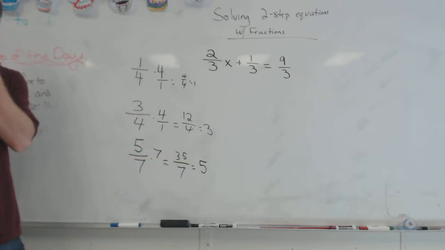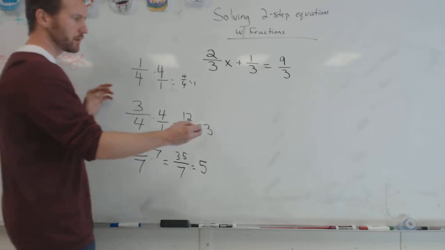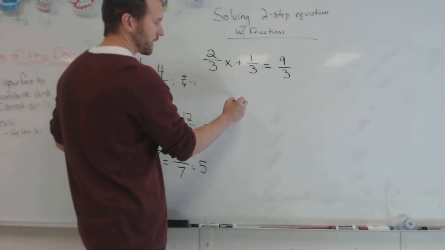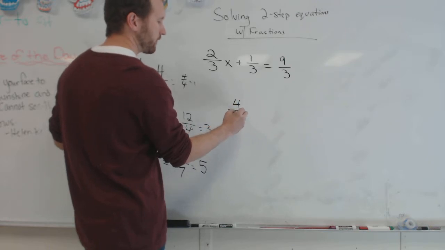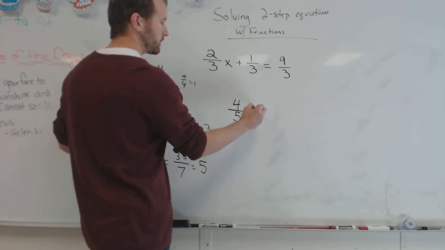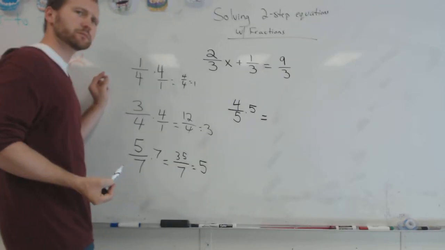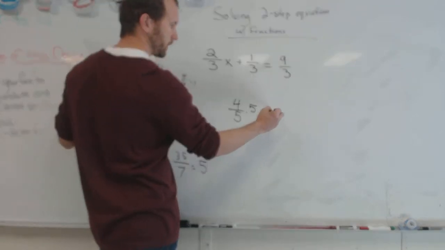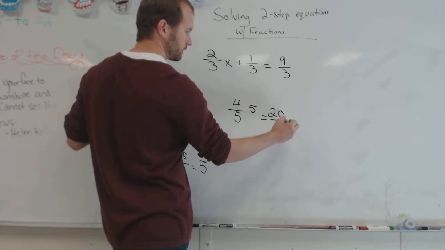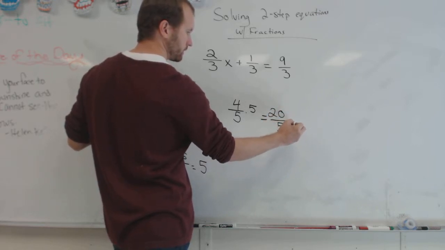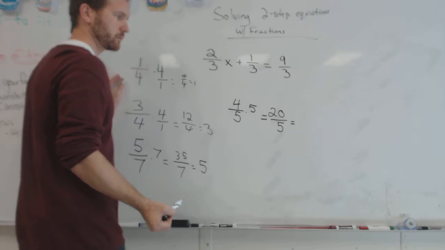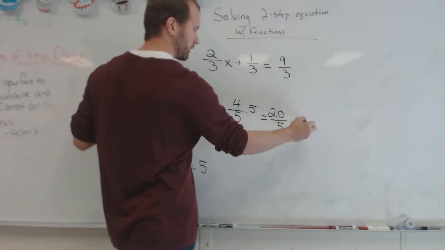What is going on here? Let's try another one. 4/5 times 5. 20 over 5, and then that would be 4.